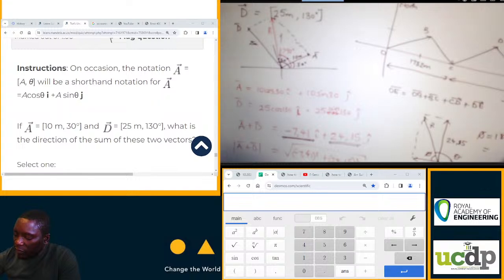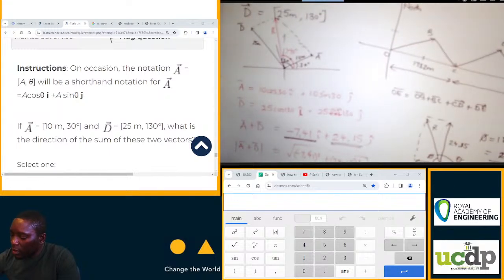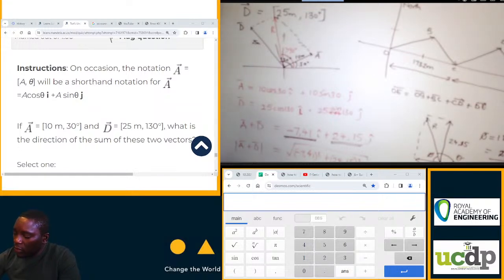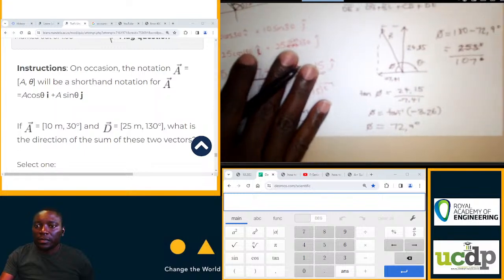That gives you 252.9, sorry, 180 minus that is 107. It's actually 107 degrees. The angle theta is just greater than 90, so it will be 107 degrees.